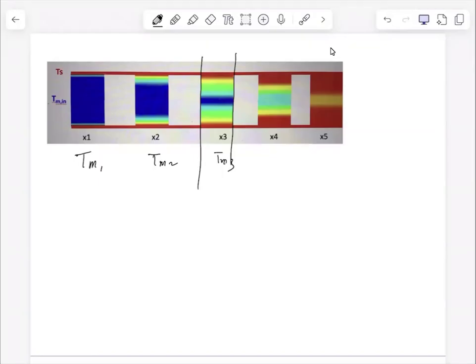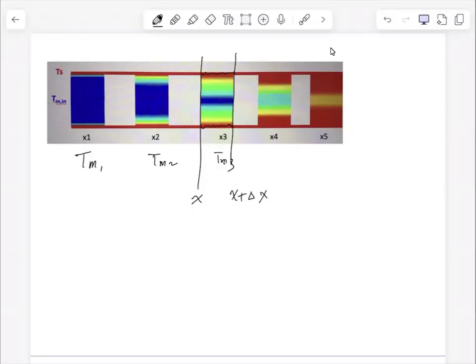So if I define the left side of the thin slice as the position x, then the right side would be the position x plus delta x. The surface area where the heat can be transferred from the pipe to the fluid is basically the perimeter of this thin slice.